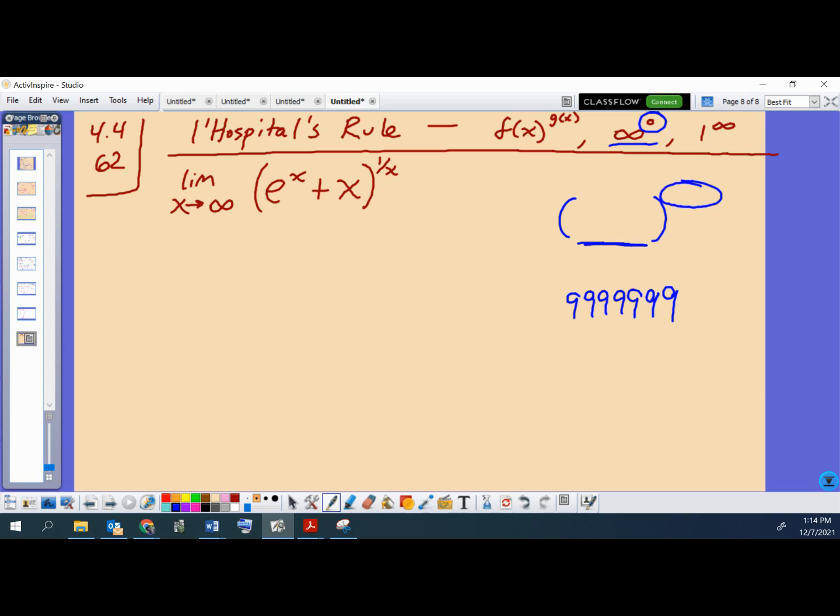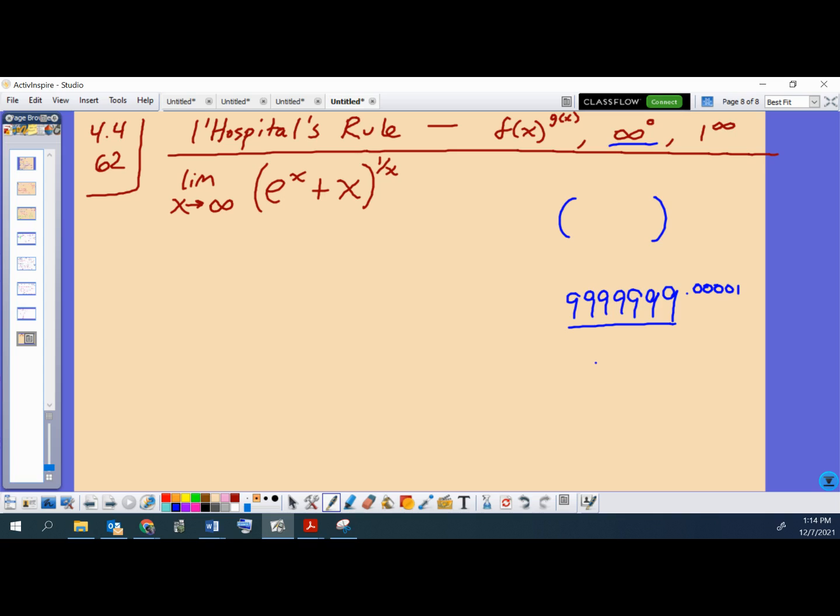Then you're talking about something like 0.000001, maybe. At any point for x, if this is the base at that x value, then maybe the exponent is 0.00001, which is 1 over 100,000.